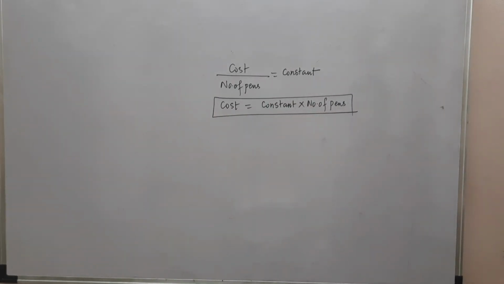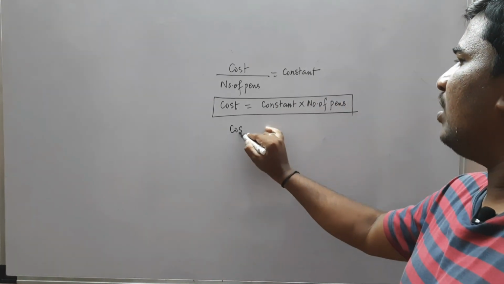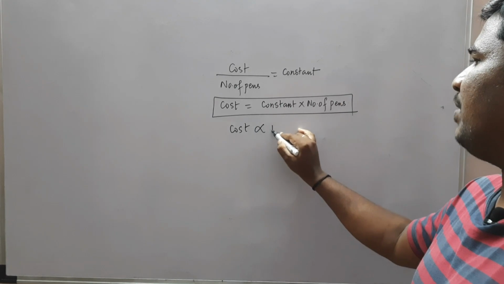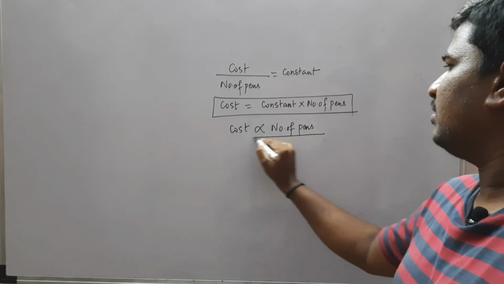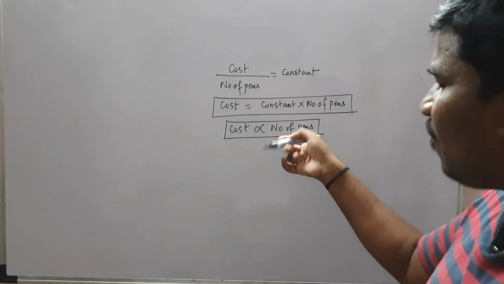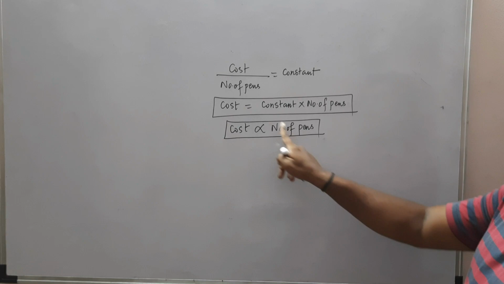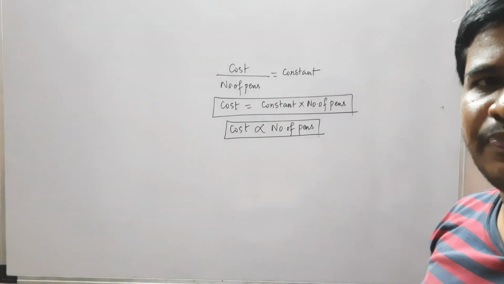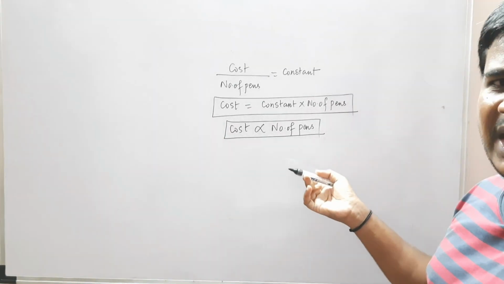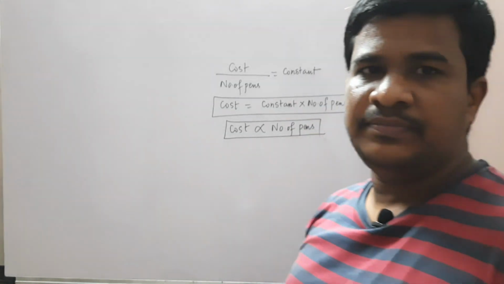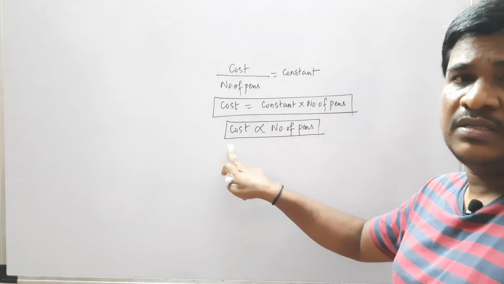If I remove this constant, then I can write cost is directly proportional to number of pens. So what this tells us is, whenever you write that two quantities are proportional to each other, as one quantity increases, the other also increases. So as the number of pens increases, cost also increases.